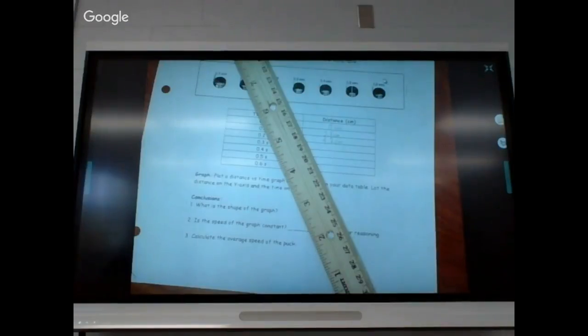What's up? Can you sign yours? It's teacher recommendation. No, I have to sign it.